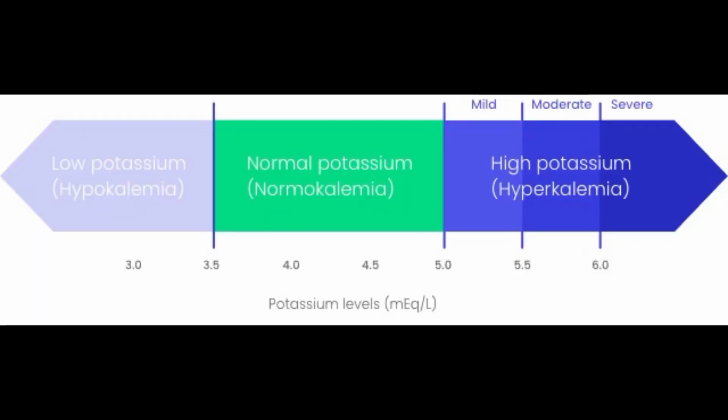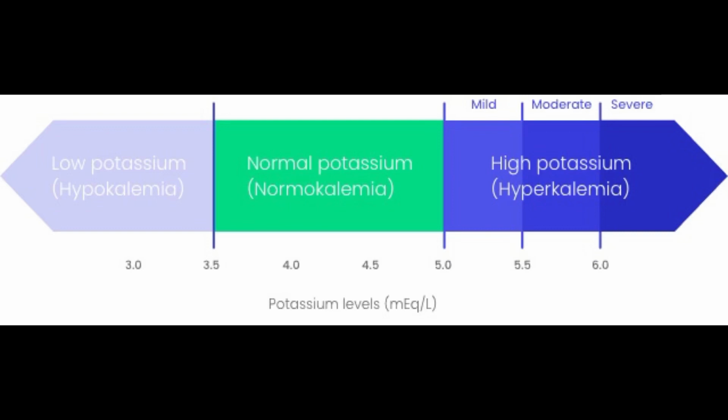So let's discuss the main causes of why the potassium level decreases in our body. See this picture, where the normal potassium range, low potassium range and high potassium range are given.